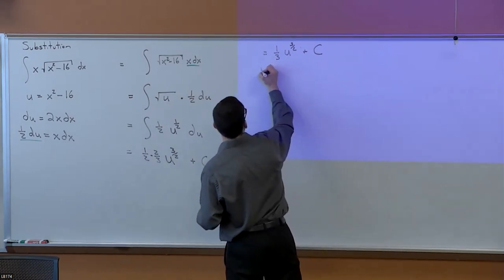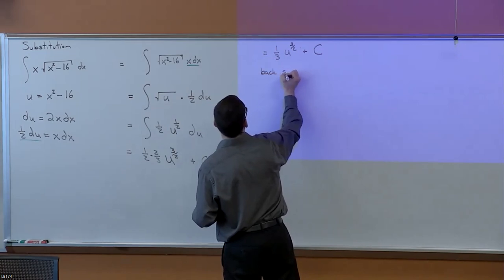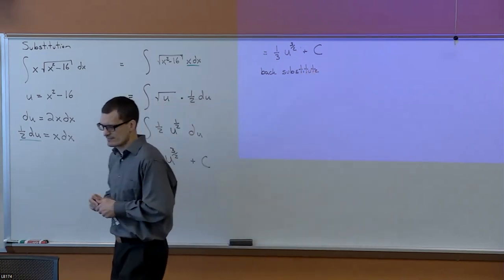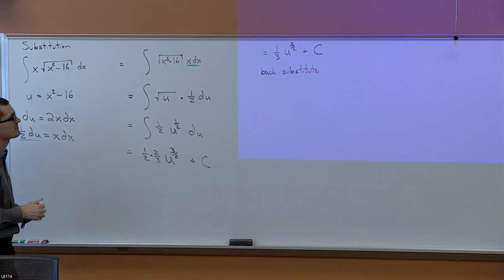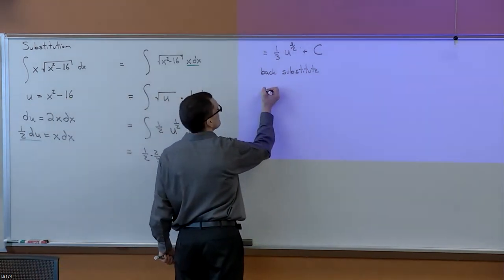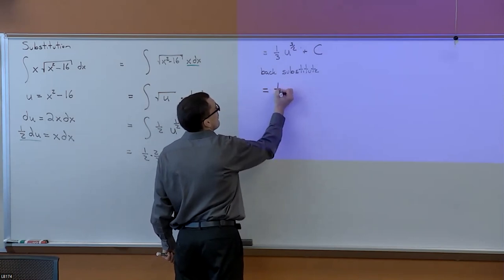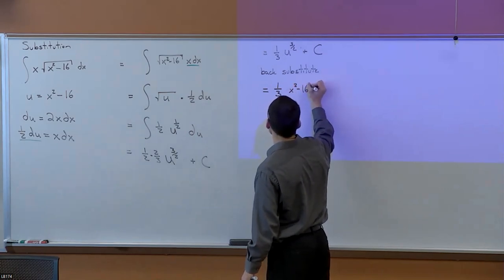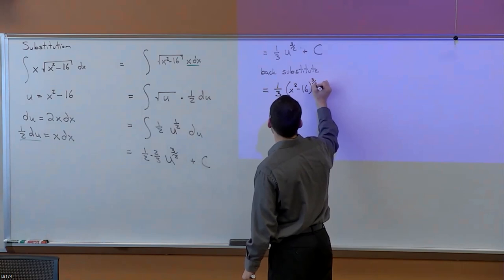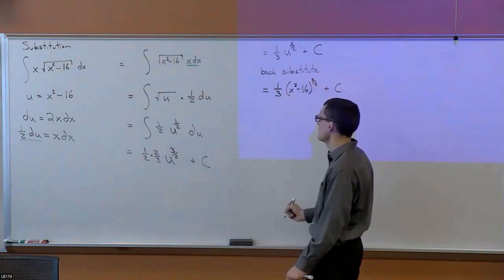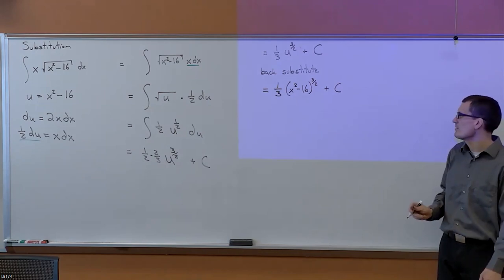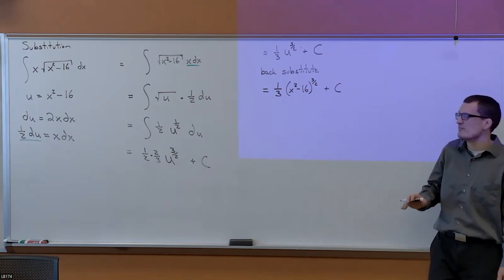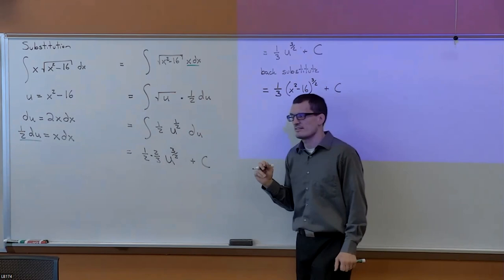Now I back substitute. We got 1/3 times x squared minus 16 to the 3/2 power plus C. Now, for purposes of Moodle, just leave it like that.